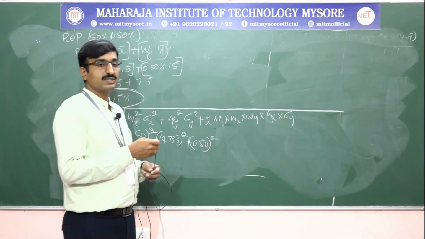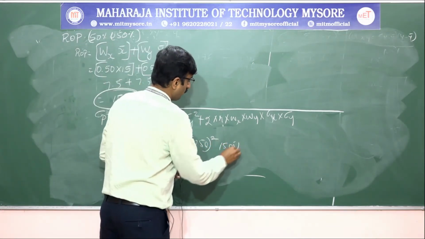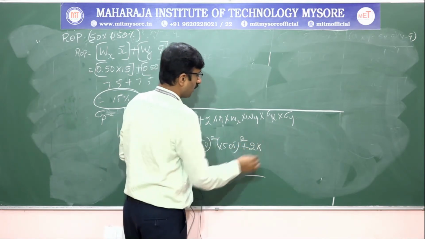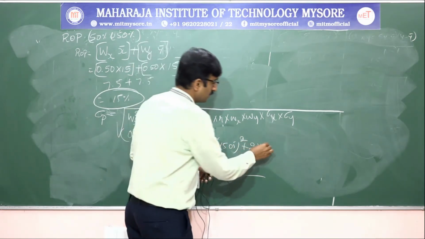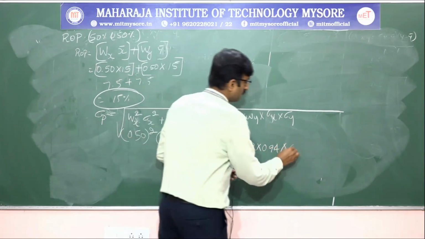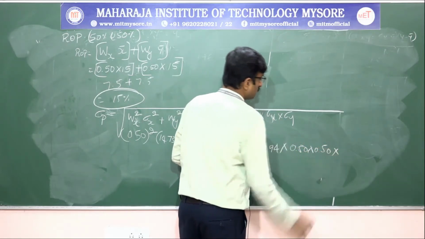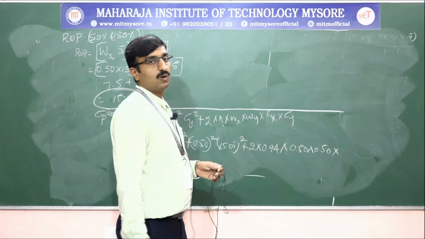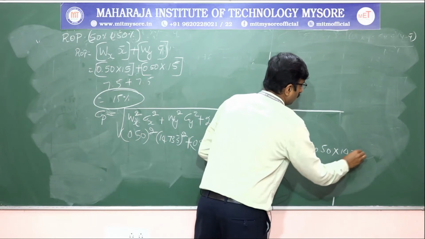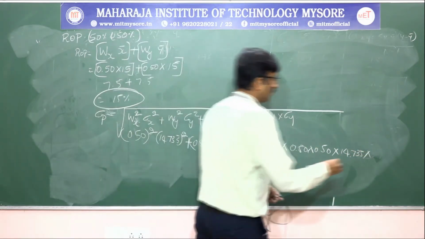Standard deviation Y square, how much it is 15.05 whole square, plus 2 into R, which we have calculated already as 0.94, into weight of X, 0.50, into weight of Y, 0.50, into standard deviation of X, which is 14.735, and standard deviation of Y, which is 15.05.